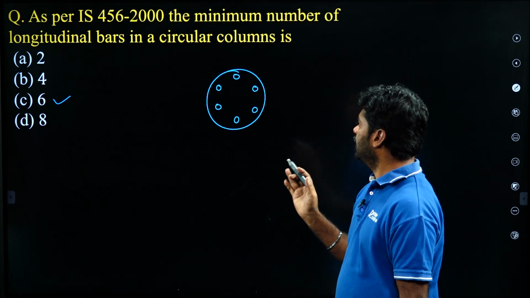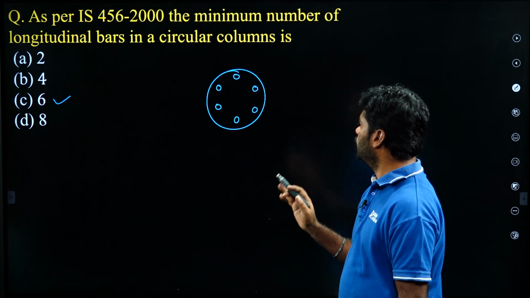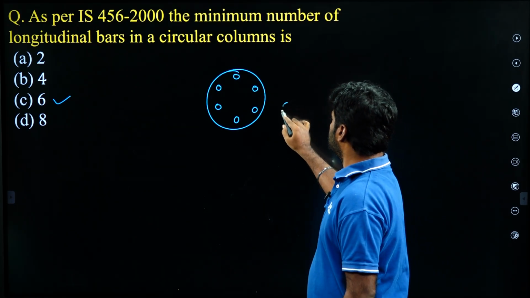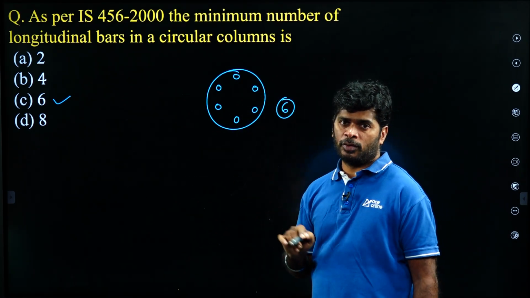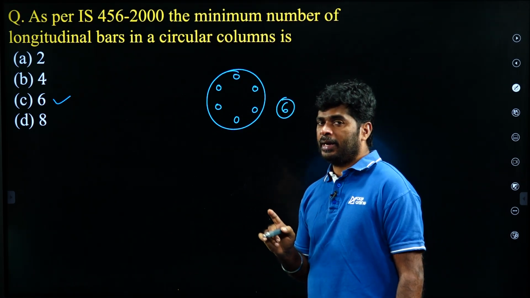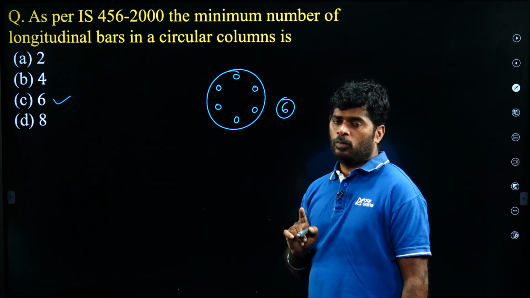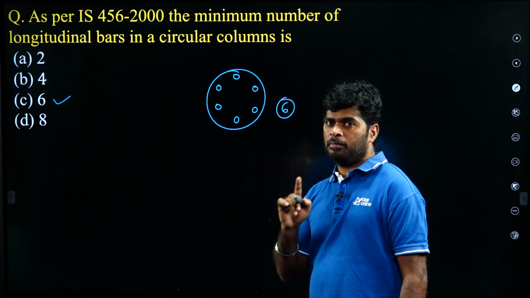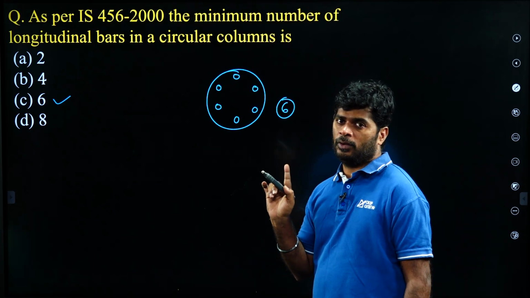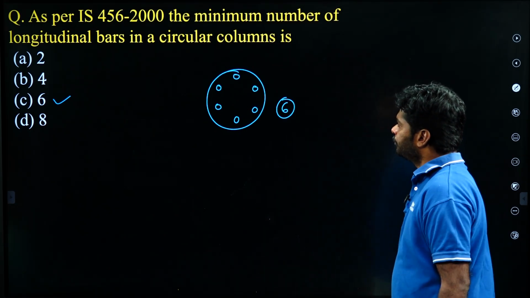So, 60 degrees you can maintain between 2 bars. So, minimum 6 numbers in a circular column. Along the periphery we can provide, and in a rectangular column minimum 4. Mostly you can expect this in the exam for a circular column. For a circular column, minimum number 6. Okay? Next one.